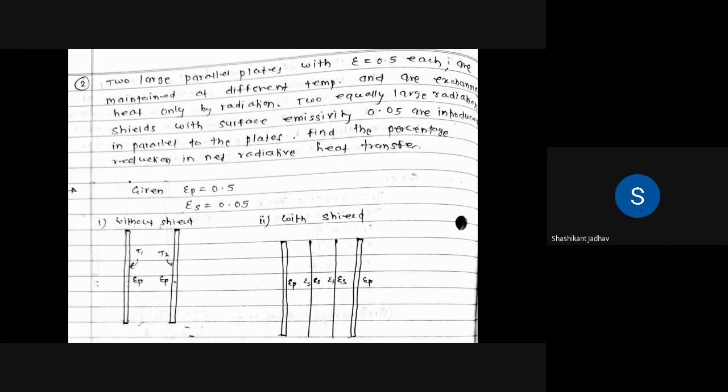Okay. What will the formula be when there is only one radiation shield? When there is one radiation shield but the emissivity of the two sides is different, which formula will we use? When we have two radiation shields, what changes in the formula? So we have to remember what the change in the formulas should be, and according to that we have to find the correct answer. Okay, so within 1 minute we have to put the answer.